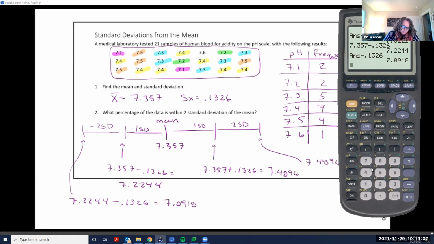Therefore, because our numbers go from 7.1 to 7.6, and 2 standard deviations out goes from 7.0918 up to 7.622, 100% of the data is within 2 standard deviations of the mean.